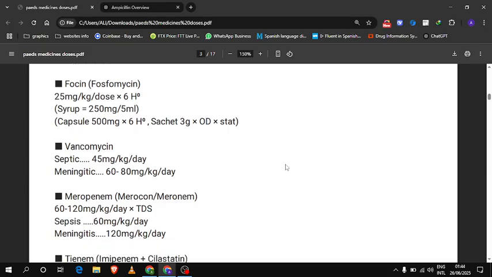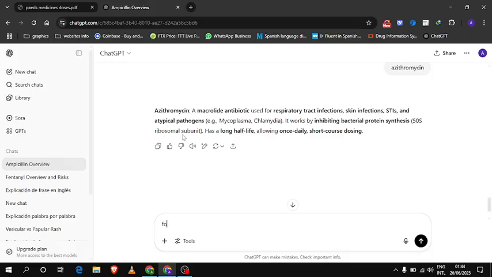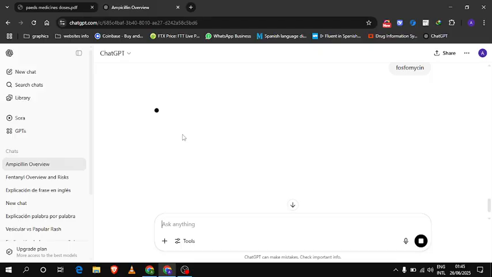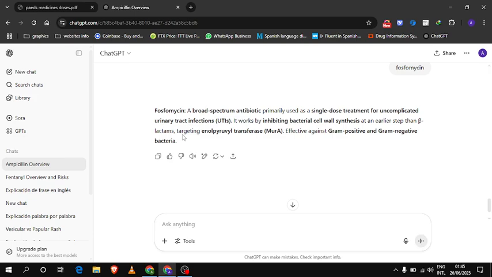The next is phosphomycin. It has very good result in UTI, urinary tract infections, even pyelonephritis. A broad spectrum antibiotic primarily used as single dose treatment for uncomplicated UTIs.